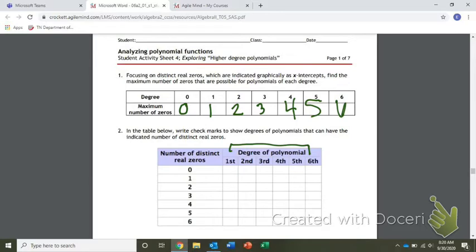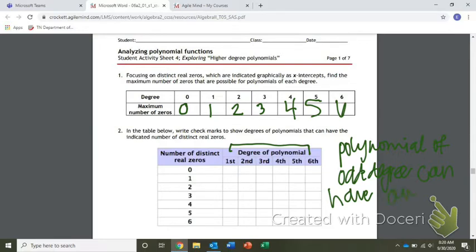What I want us to do first is on the right-hand side, I want you to write: a polynomial of odd degree can have any number from 1 to n distinct real zeros.